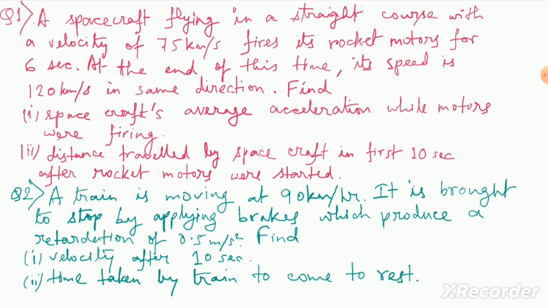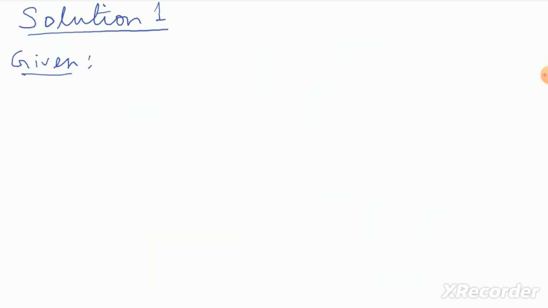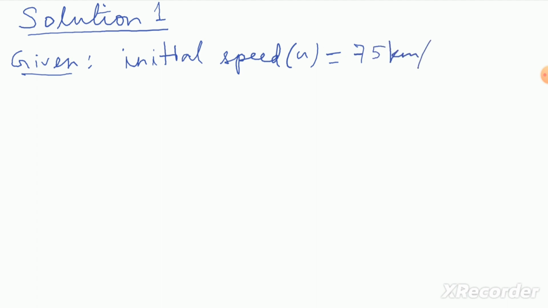So in order to do this, let us write down the given information. Initial speed, we denote it by the letter u. How much is it given? It is given as 75 kilometer per second.